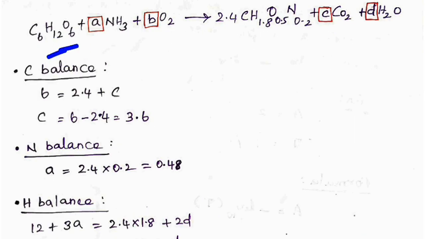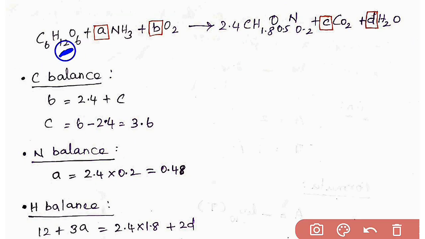Next let's balance hydrogen. In C6H12O6 you have 12 atoms of hydrogen, so 12 plus, in ammonia you have subscript 3, so 3A, is equal to, in the right hand side, 2.4 into H 1.8 for biomass, and in H2O you have D H2O, so plus 2D.